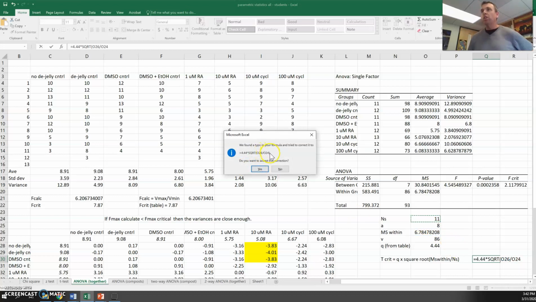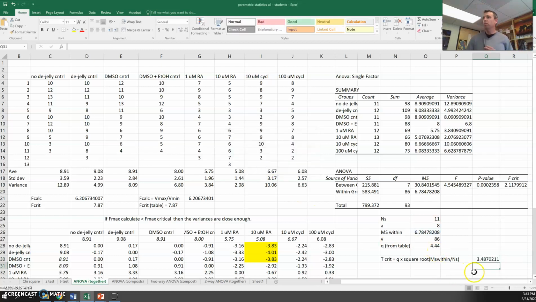I forgot to close the parentheses, but it's correcting that for me here. And so there is my Tcritical, 3.49, essentially. I can take this and get it to some significant digits, drop it down, 3.49.